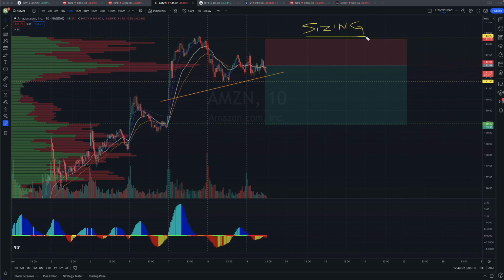So that's a whole other piece to this whole puzzle. But I'm just assuming that everybody's being careful enough and their position sizing is small enough that any one trade is not going to explode your account.